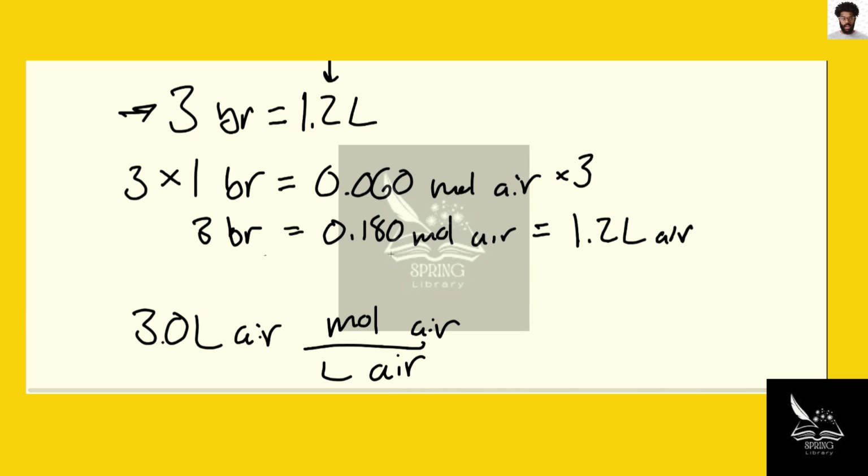And if we have an equation like this, we can turn it into a unit conversion by picking one side and dividing both sides of the equation by that.